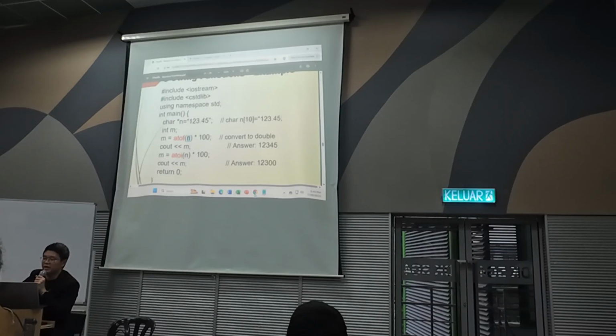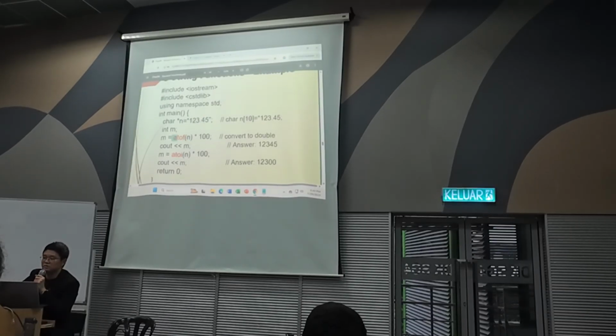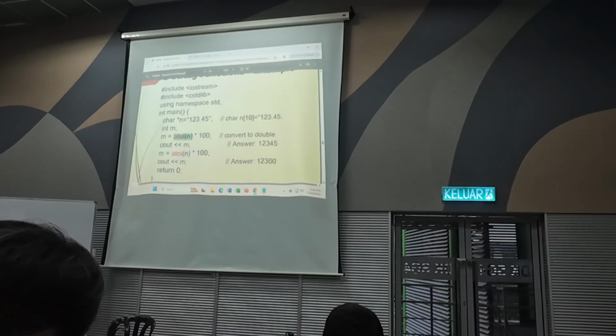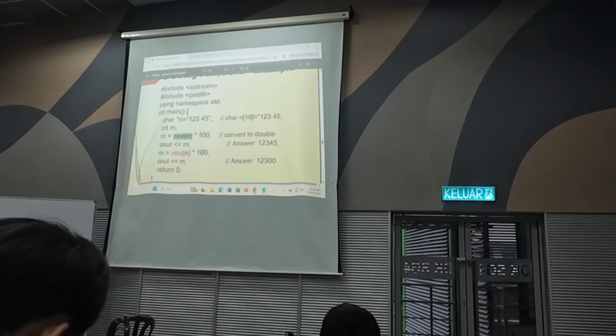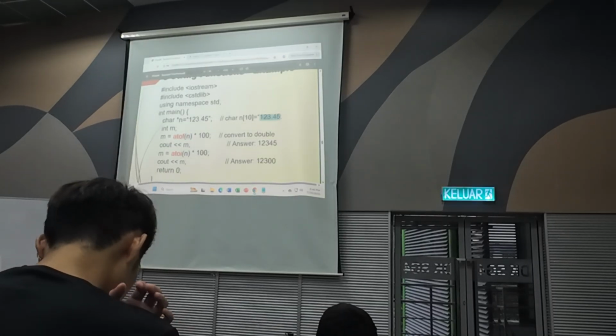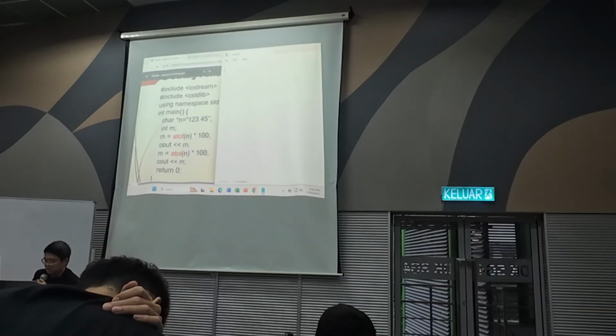My n is actually my 123.45 text here. I'm going to convert to double. If I convert to double, it will actually become the number 123.45.